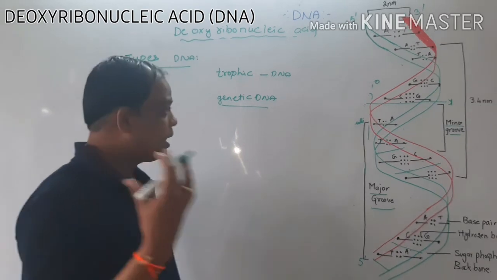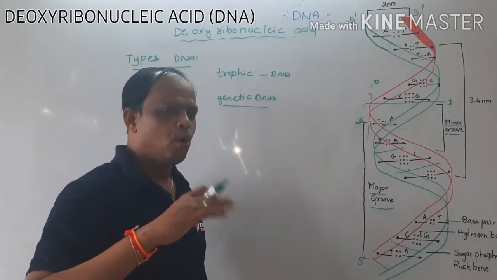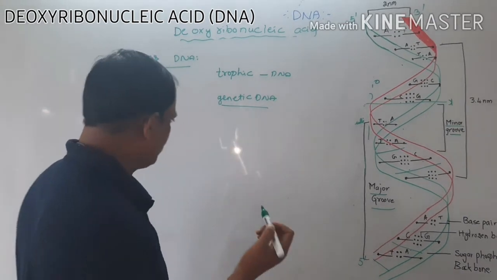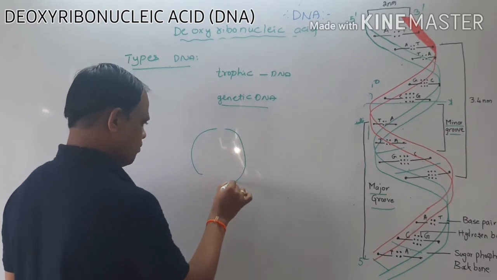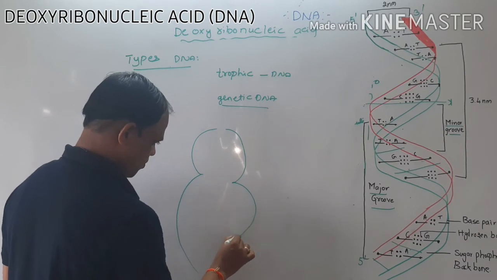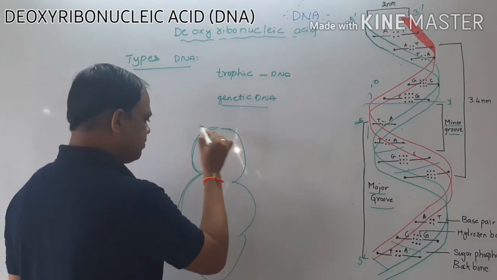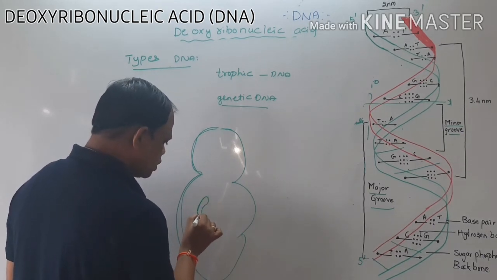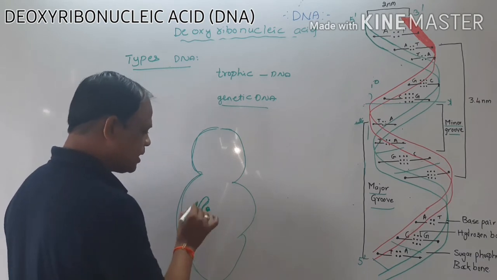Mainly, eukaryotic cells can contain more than one nucleus. For example, the paramecium. This is one paramecium. The paramecium can contain two nuclei, one small and another big.